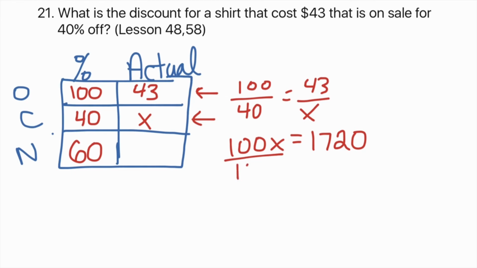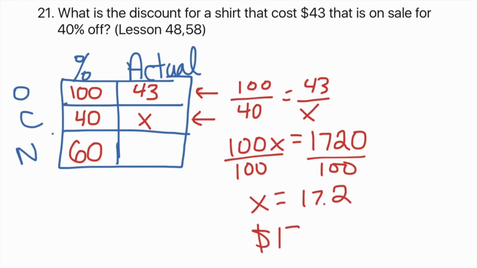Then at this point, we divide both sides by 100 to get X by itself, and X will equal, since this is money, we're going to write our answer as $17.20. So $17.20 is the discount.